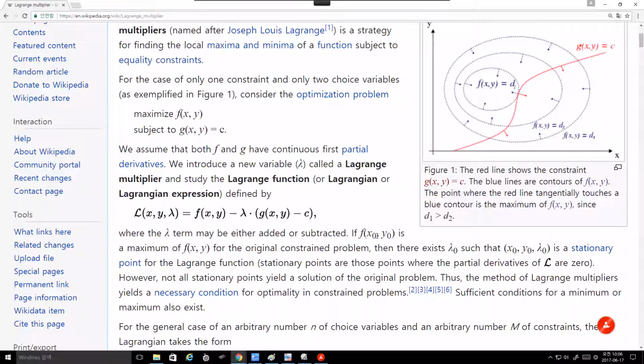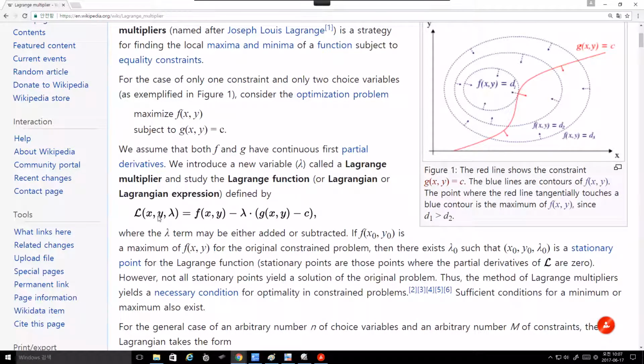If f(x0, y0) is the maximum of f(x,y) for the original constrained problem, then there exists lambda 0 such that (x0, y0, lambda 0) is a stationary point of the Lagrange function. So instead of finding the stationary or critical point of f, because we have a constraint, now we want to find the critical point of this Lagrange function, and we regard lambda as one of the variables.